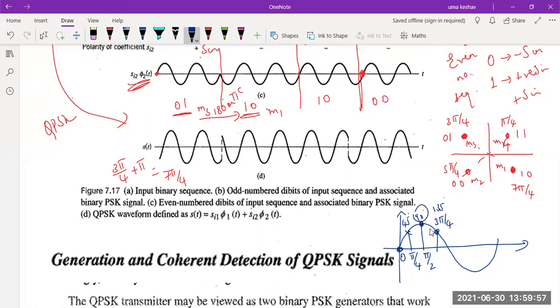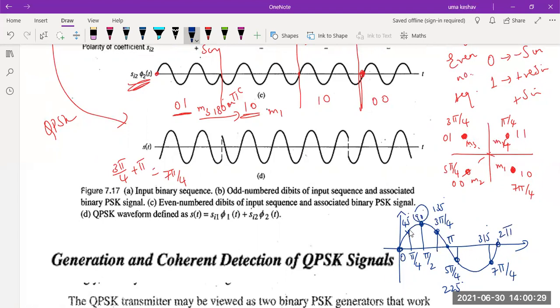Actually, 90 is of no interest to us. This is pi, 180 degrees. This will be 5 pi by 4 or 225 degrees. And this point corresponds to 7 pi by 4 or 315 degrees. And this point is 2 pi.